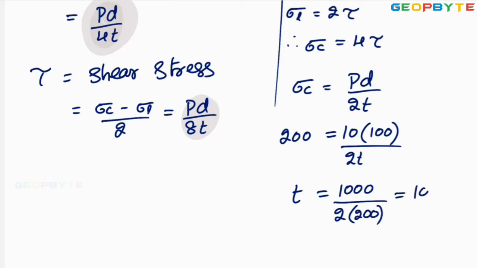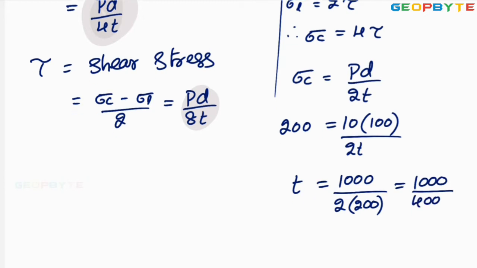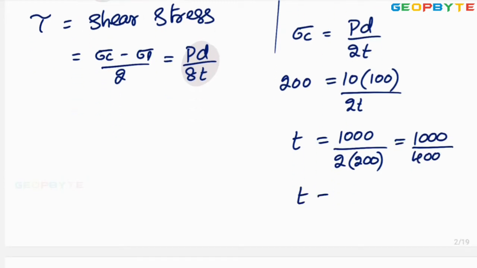It is equal to 1000 divided by 400, equal to 2.5 centimeters. So it is equal to 25 millimeters.